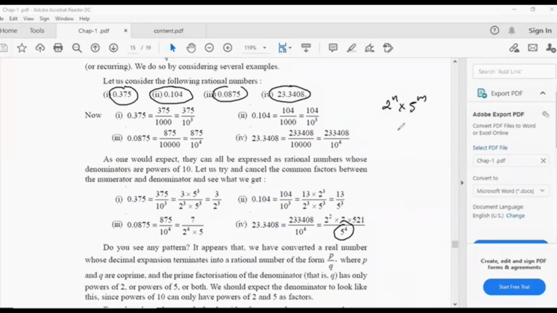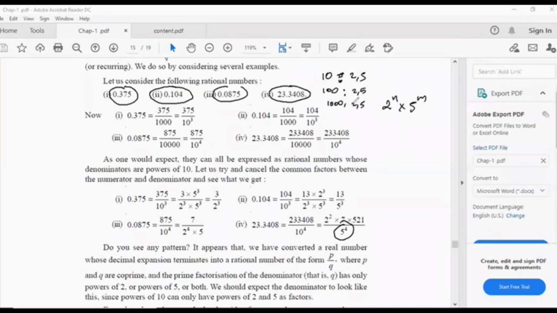Why? This is because of the prime factors of powers of 10. Which are the prime factors of 10? 2 and 5. Which are the prime factors of 100? 2 and 5 only. Which are the prime factors of 1000? 2 and 5 only.